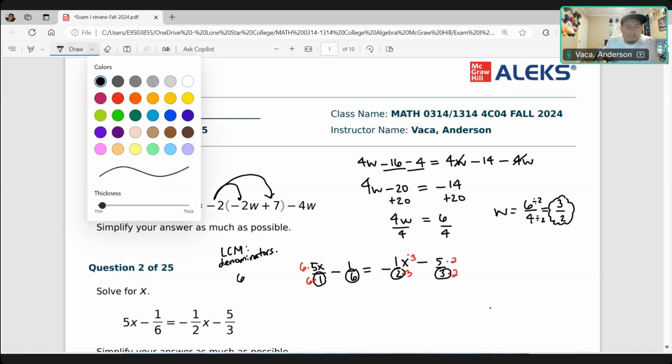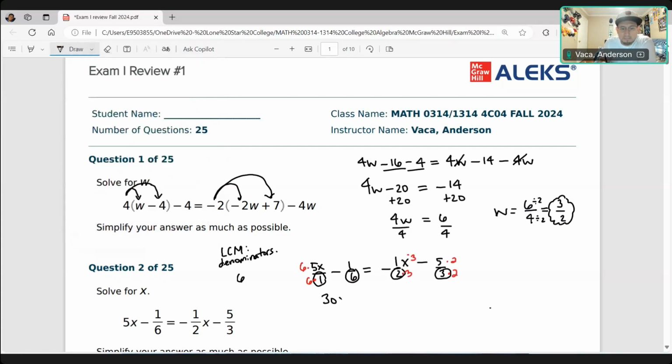Notice that when I rewrite this example, I am going to rewrite it without the need of denominators. 6 times 5, 30, minus 1 is equal to, this is 3 times negative 1, which is negative 3x. And then we have a minus 10. Notice that once all the denominators are exactly the same, there is no need for more denominators, okay?